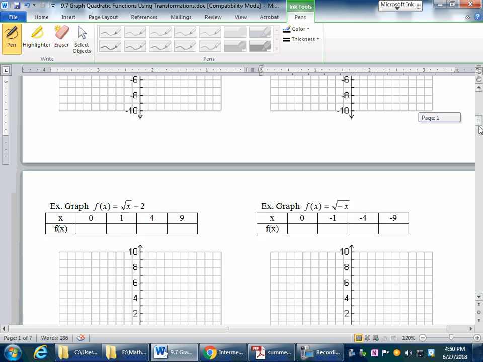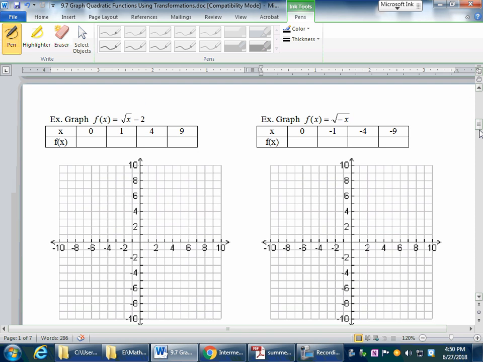So now the next one. This time I'm subtracting 2 from my square root of x, which means I'm subtracting from my y value. Square root of 0 is 0, 0 minus 2 is negative 2. Square root of 1 is 1, 1 minus 2 is negative 1.